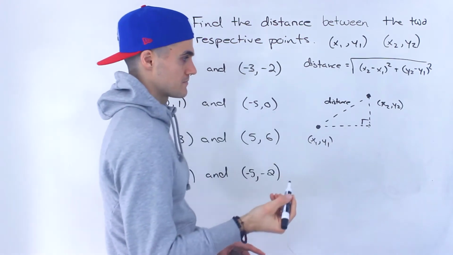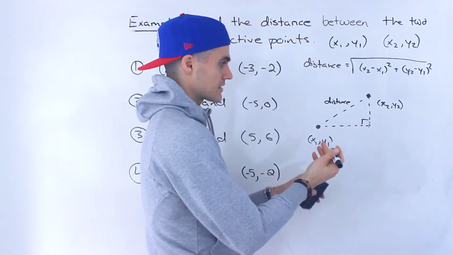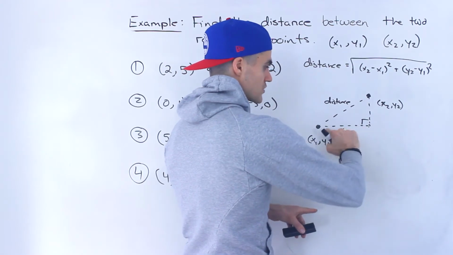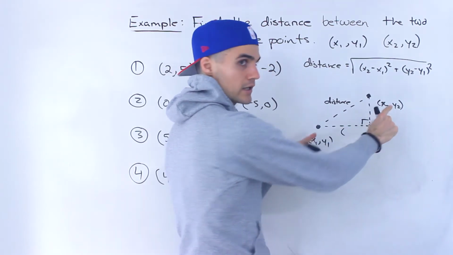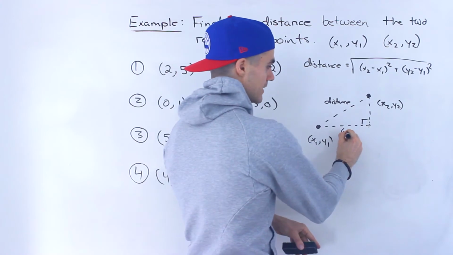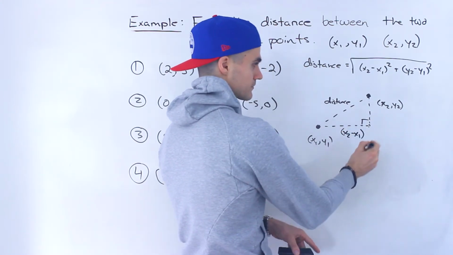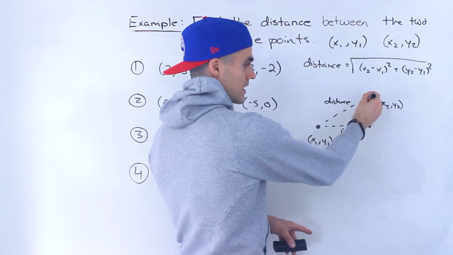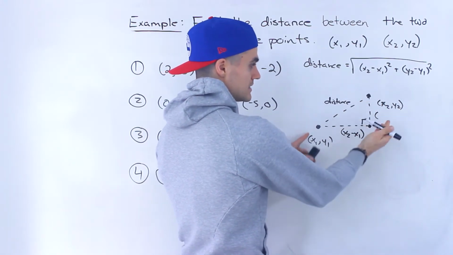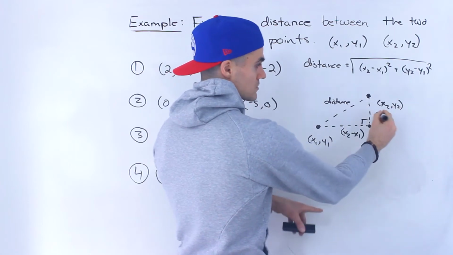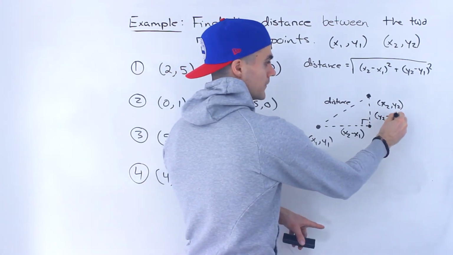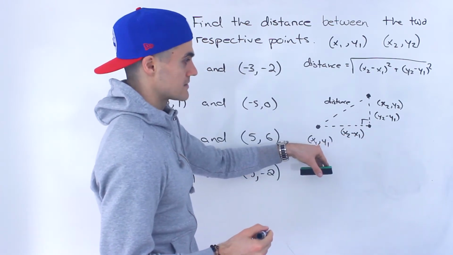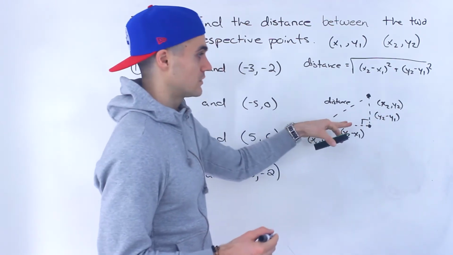between these 2 points. Now notice we can get expressions for the other lengths. This horizontal length is going to be the difference between the x values, so it's just x2 minus x1. And then the distance between this corner and this point is the difference between the y values, so it's just y2 minus y1, because this point has the same y value as that point, since it's on the same horizontal line.